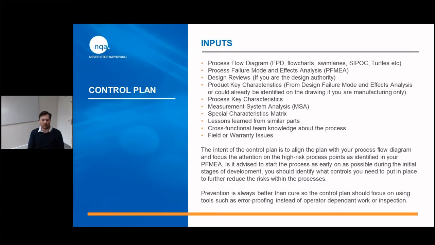Okay, so the interesting bit is the inputs needed for doing a control plan effectively. A lot of these points are things you needed for the APQP anyway, and you need these to be able to do the control plan. So process flow diagrams, FMEAs, PFMEAs, key characteristics, you need all that information as an input to enable you to do a control plan.